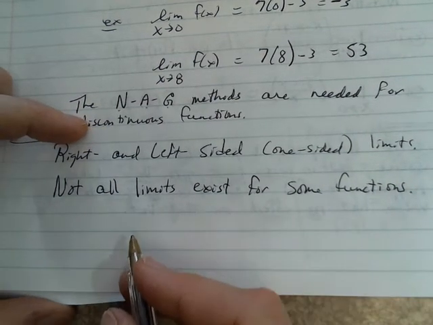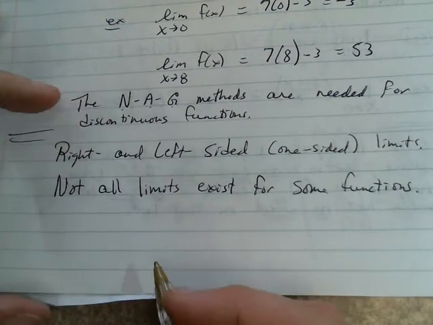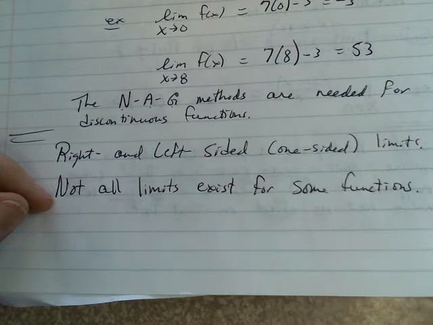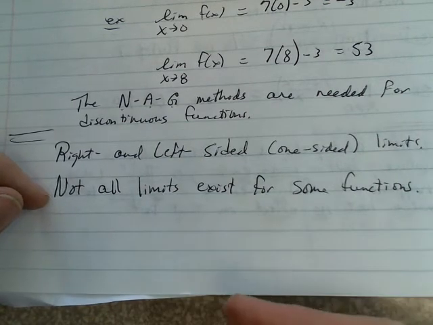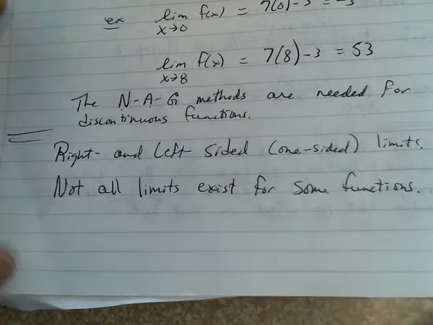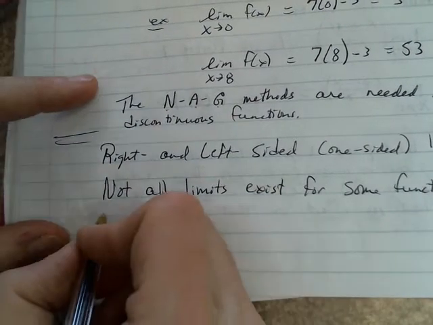A limit is said to exist if the y value is the same when x approaches that x value from the greater than and the less than side.